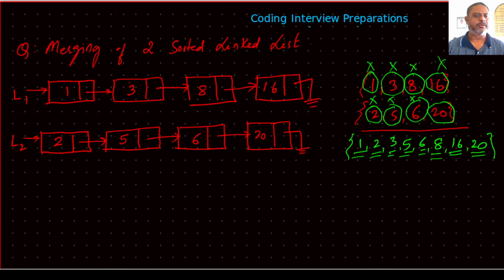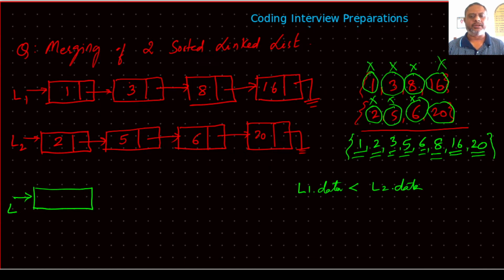To solve the problem, let me create a new list. Let me call it L. Then L1 and L2 are the pointers to the first nodes of the two lists.